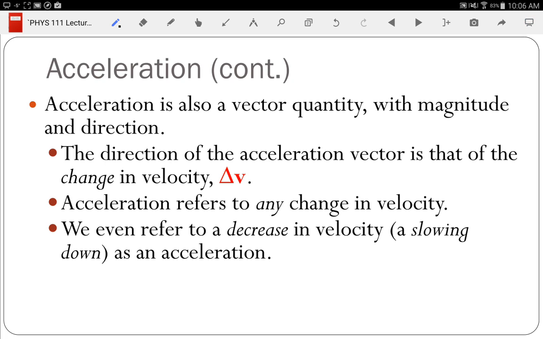Oftentimes people like to use the term decelerate, which means an acceleration in the direction opposite to the velocity. Personally, I try not to use the word decelerate because I think it's just adding an additional complexity. Because deceleration is an acceleration, just in the opposite direction of velocity. So why don't we just call it an acceleration and be done with it?